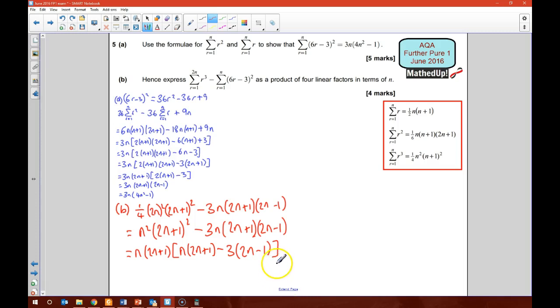Okay, so I'm now going to expand what's inside these brackets because I can't see any of the factors that I can take out of it. So that's going to be n times 2n plus 1, and then inside my square brackets, I'm going to have 2n squared plus n, take away 6n, and plus 3.